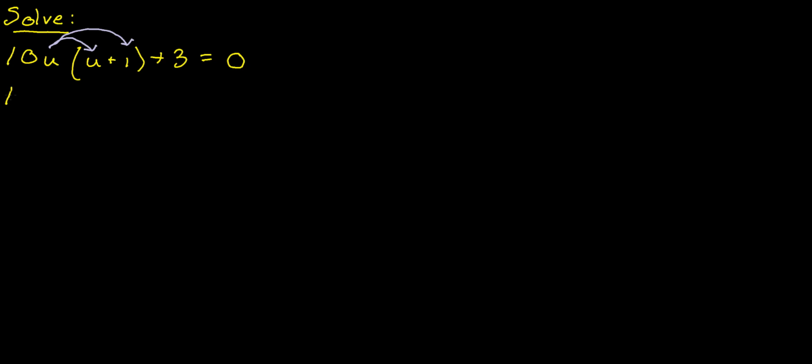I'm going to go 10u times u plus 10u times 1. Now I know anything times 1 is just itself, but I did write that down just so we can be really clear about what's happening with the distribution there. So there I used the distributive property, and I'll just write that down here. So this was the distributive property.